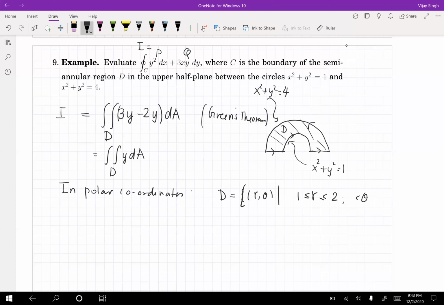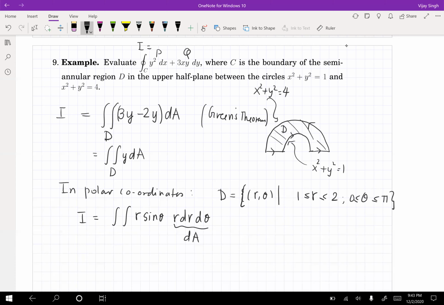And your theta goes from 0 to pi. So it becomes a polar rectangle. So my integral I is going to be, instead of y, I have r sine theta. Instead of dA, I have r dr d theta.